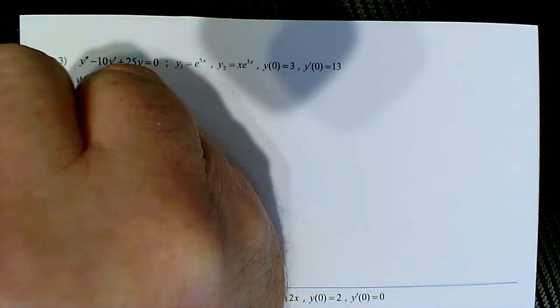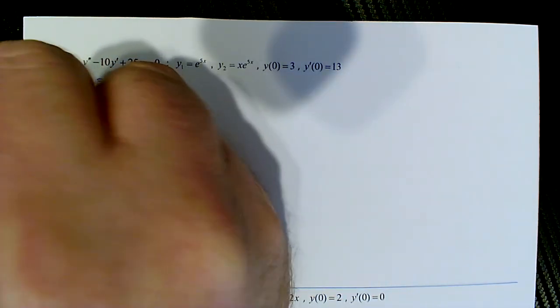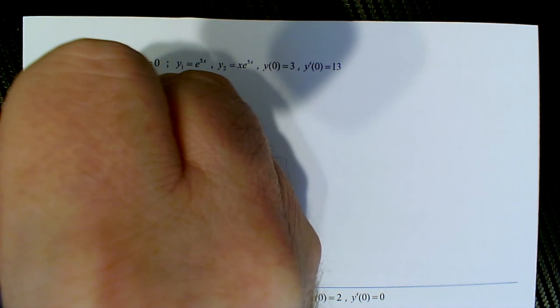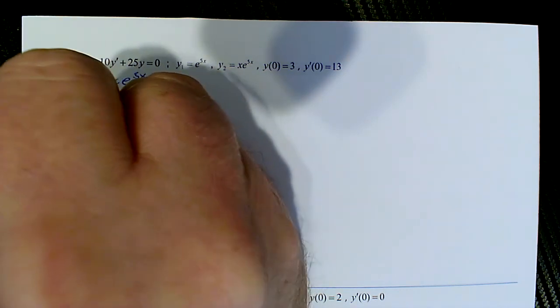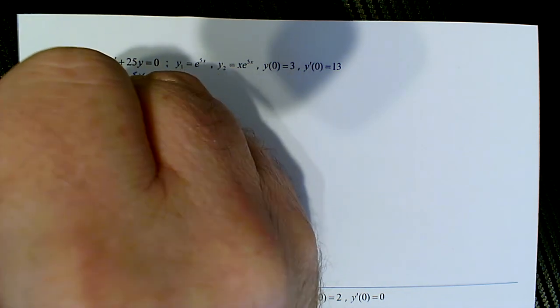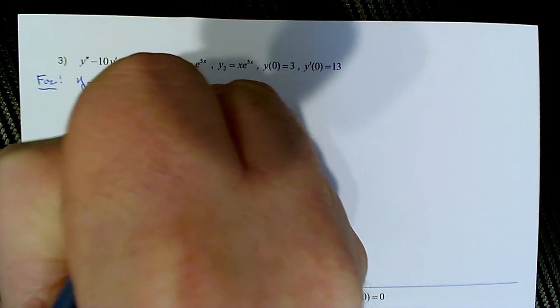we have that y2 prime is first times the derivative of the second, so that's x times the derivative of e to the 5x, which is e to the 5x times 5, so 5x e to the 5x, and then plus the second factor, e to the 5x, times the derivative of the first, and the derivative of x is just simply 1.